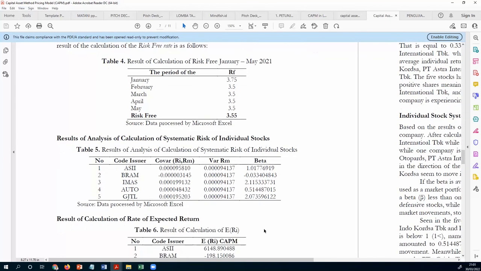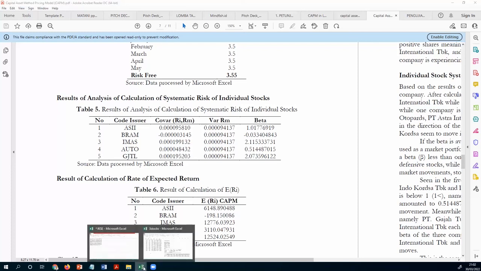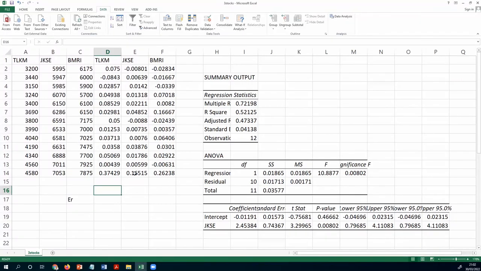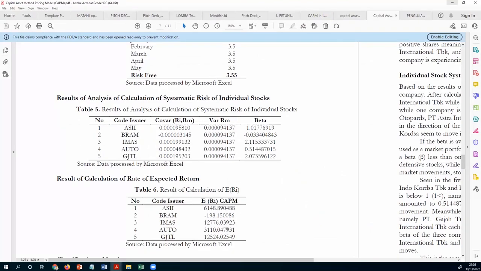Okay, and then you calculate the expected return. The expected return will be the risk-free rate of 3.55 plus the beta of each of the stocks times, in the bracket, the return of the market, which is the Jakarta Stock Exchange, and then minus the risk-free.